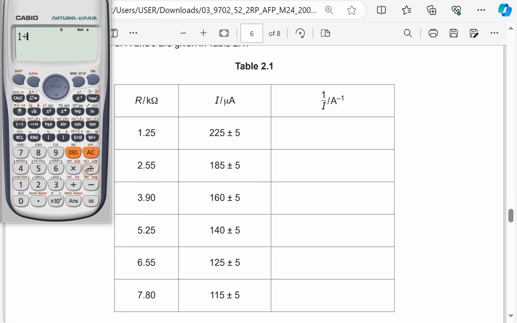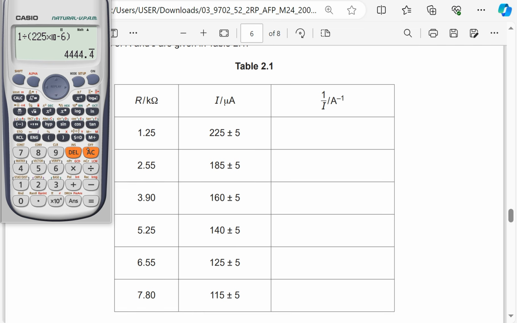So I have 1 divided by 225. Oh, there's a power of minus 6 here, which is not here. So I'll repeat this: 1 divided by 225 exponent minus 6, that is 4444.4 recurring.